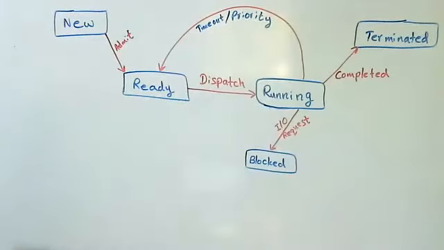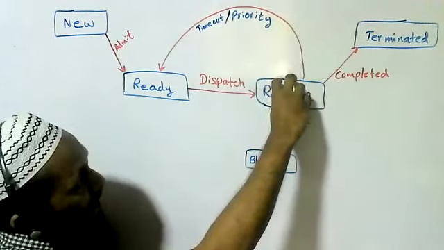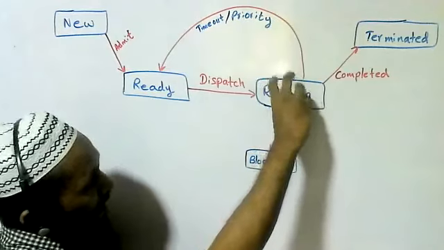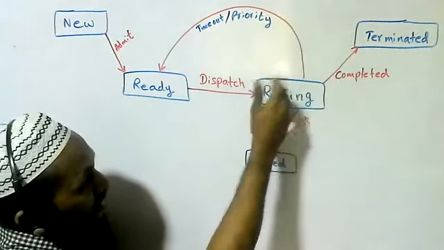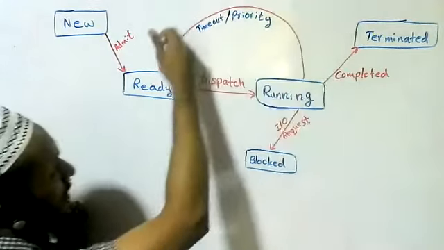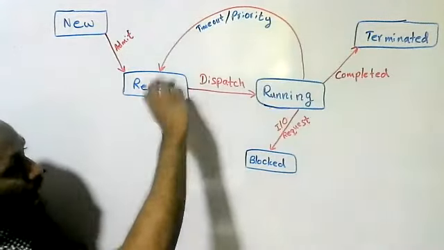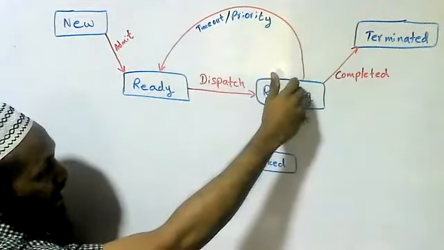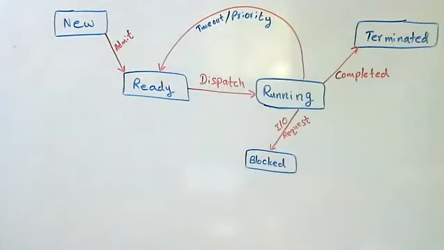If a process is running on the CPU, if the allocated time quantum is finished, it stops its execution and saves the state, and that particular process is sent into ready queue, and the next process is allocated to the CPU for its execution.